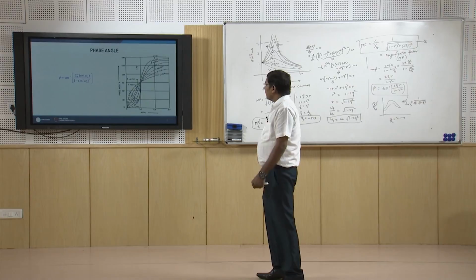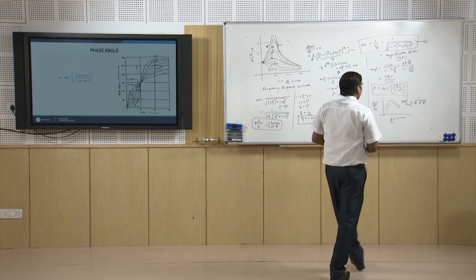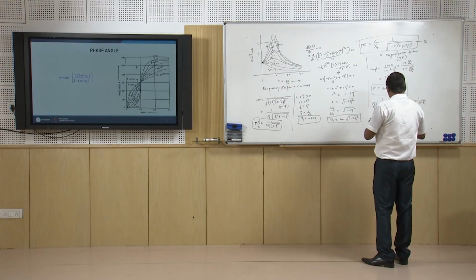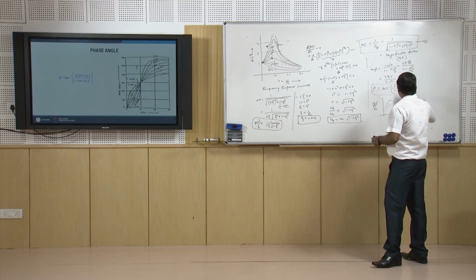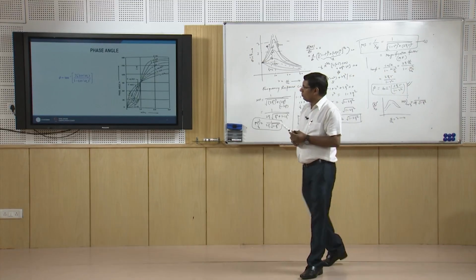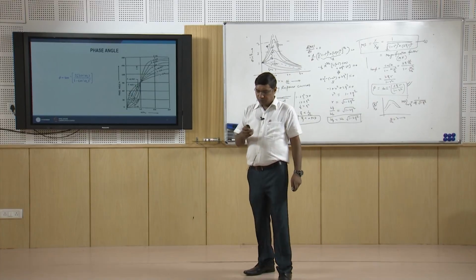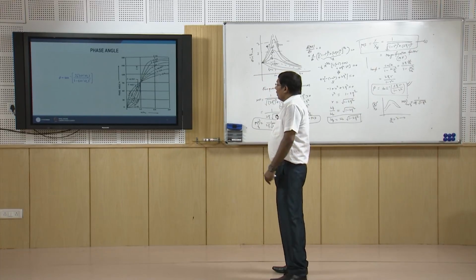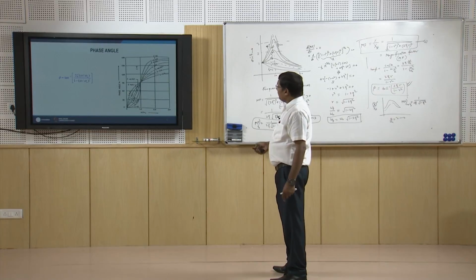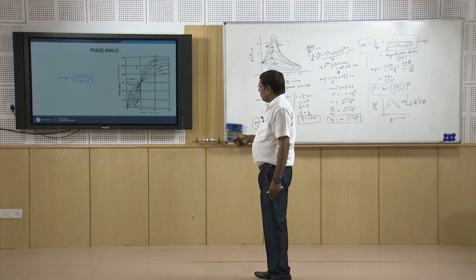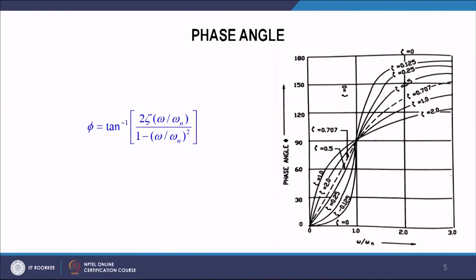Now come to the phase angle. Phase angle we have already written here. So phi equal to tan inverse 2 zeta r upon 1 minus r square. And we see here that we can plot the phase angle similar to the frequency response curve, as it is also a function of zeta and r. So for r, we have plotted phase angle.